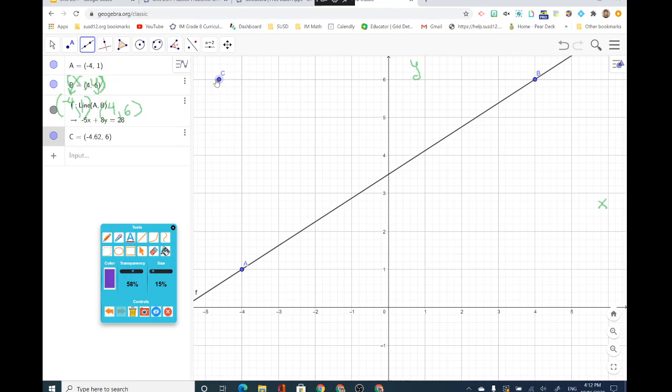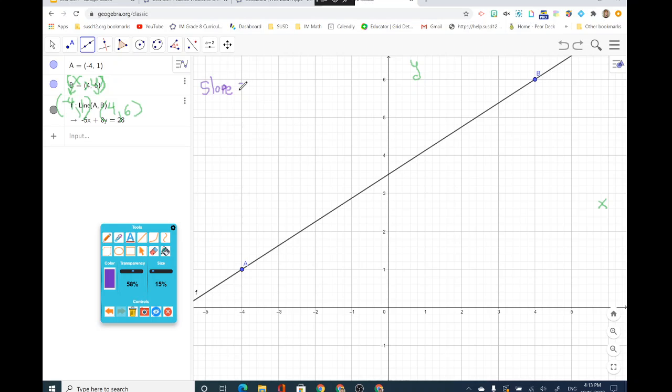The first thing I want to do is find the slope of this line. Not that, that's a mistake. Okay, so what is the slope of this line? Please remember and never forget, slope equals rise over run. How much it rises up divided by how much it runs over.